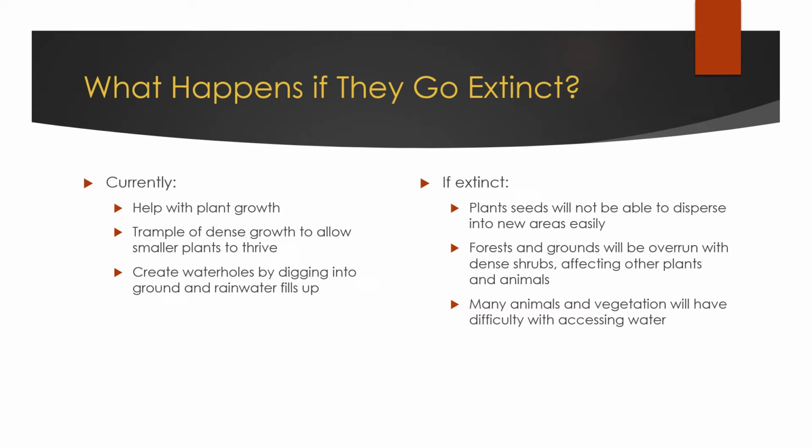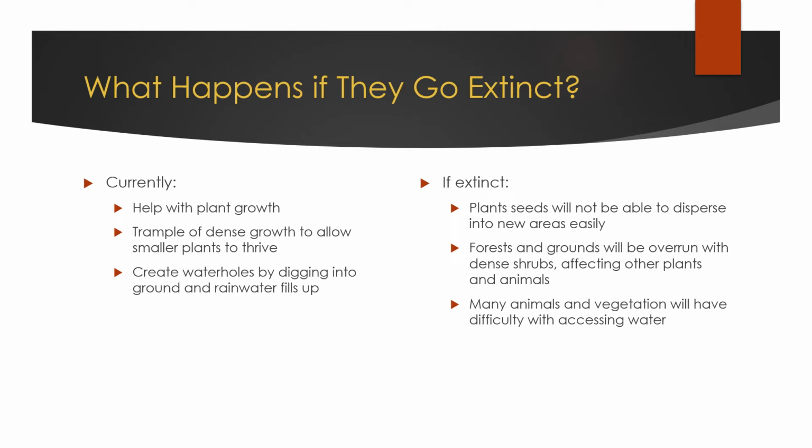With that being said, if these elephants were to go extinct, obviously plant seeds cannot be easily dispersed into new areas. The forests and grounds will be overrun with dense shrubs, which affects other plants and animals. There are animals who rely on the smaller plants for food and maybe shelter, so if the taller grasses outgrow these smaller plants, other animals will be affected.